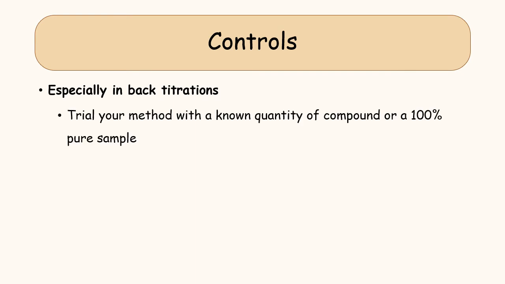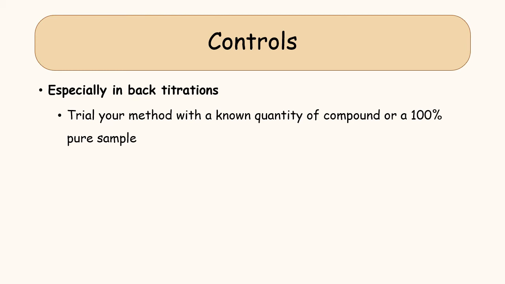In a volumetric analysis, particularly a back titration, it is important that you do a control, because a control is a way of testing your methodology. So what you would do in a back titration would be to trial your method with either a sample that contains an exact quantity or a 100% pure sample.